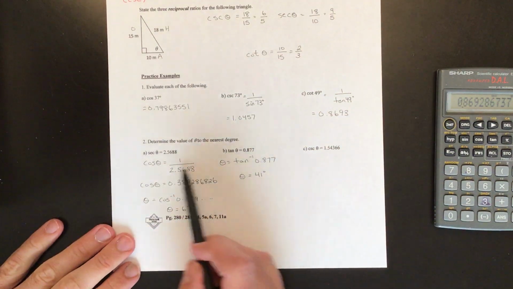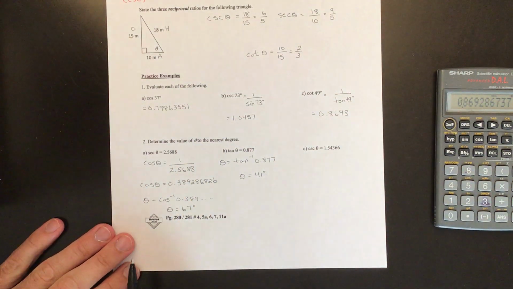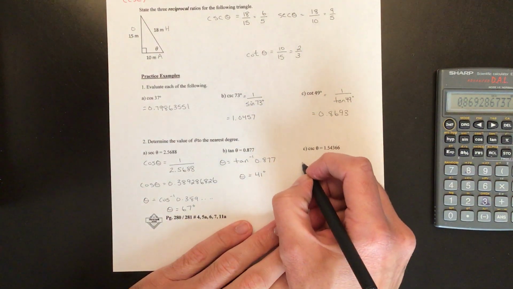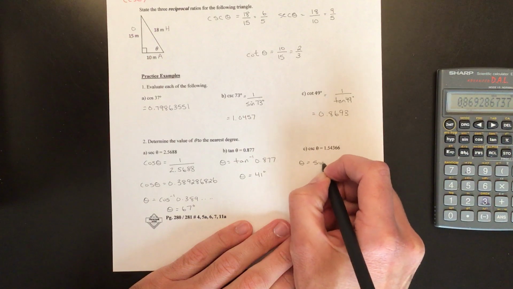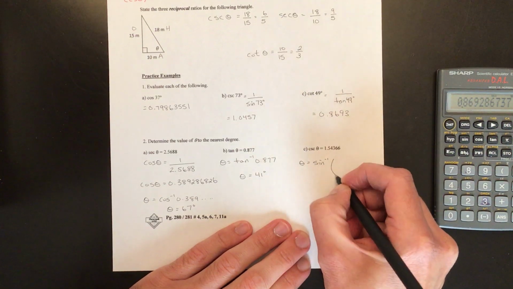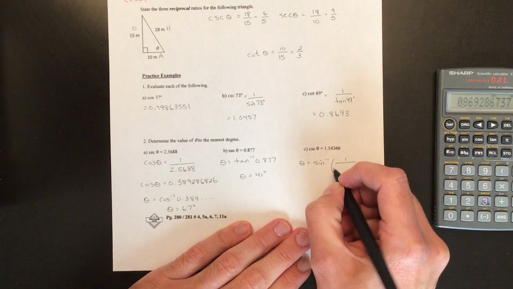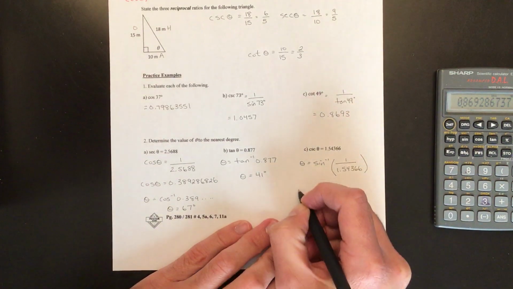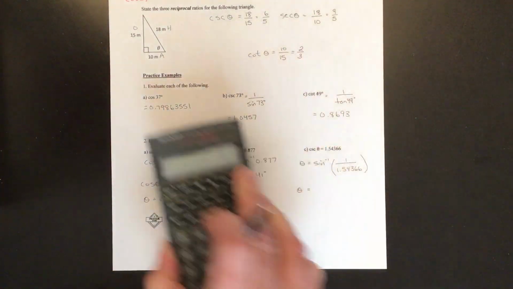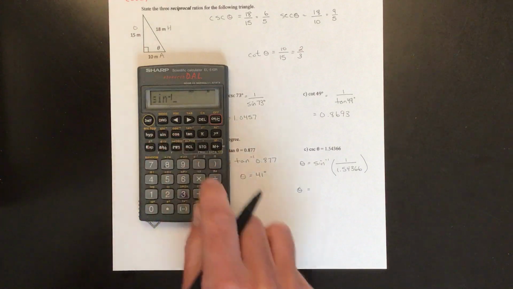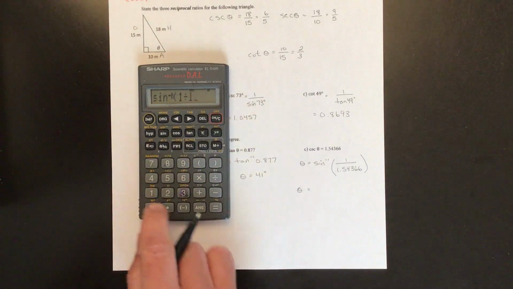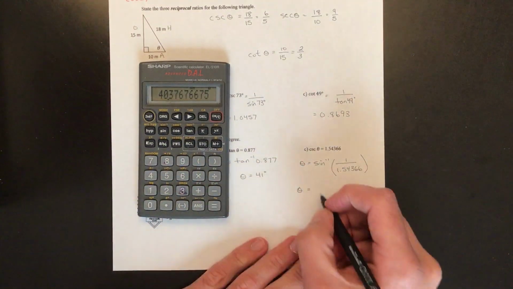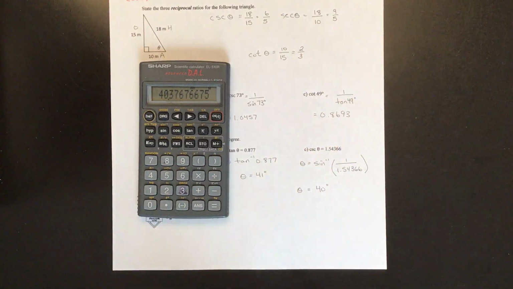Now again, rather than doing all this decimal writing like we did over here in part A, why don't we just do theta equals sine inverse of 1 over 1.5466. And we do that, sine inverse 1 divided by 1.5466, 40.37. We'll round that to 40 degrees.